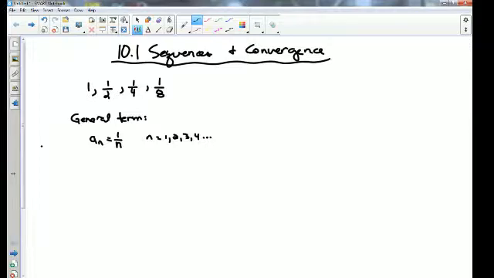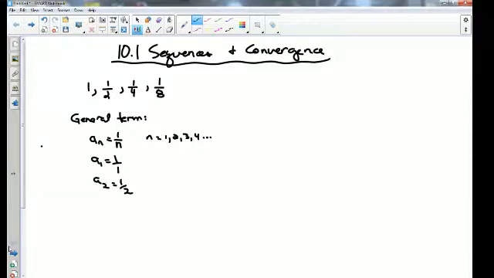The nice thing about series and sequences is this n is always an integer or natural number. So it can be 0, 1, 2, 3, 4, or 1, 2, 3, 4. It's never a decimal, right? So we don't have to worry about that. It's just a term number. So term 1 is 1 over 1, right? Term 2, 1 over 2. You see how those are built? It's basically how you build a sequence.